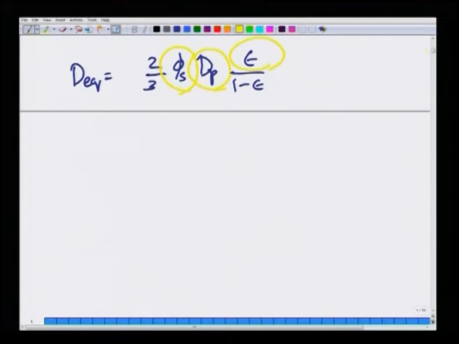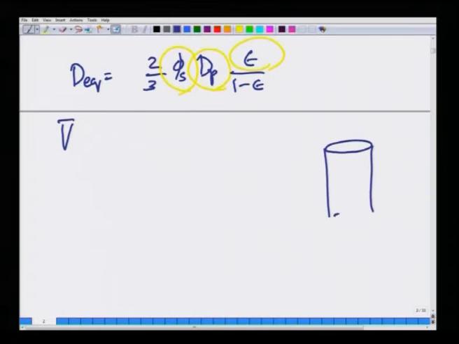Now, the next thing is what is the pressure drop. The pressure drop will depend on the velocity in the tubes. The velocity inside the bed will be different from, suppose you have a bed, and if the bed is empty, if S naught is the surface area and Q is the volumetric flow rate, Q by S naught is called the superficial velocity.